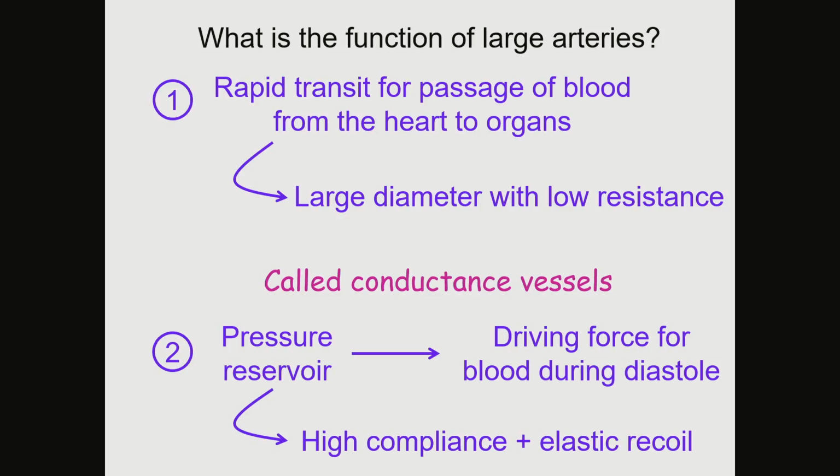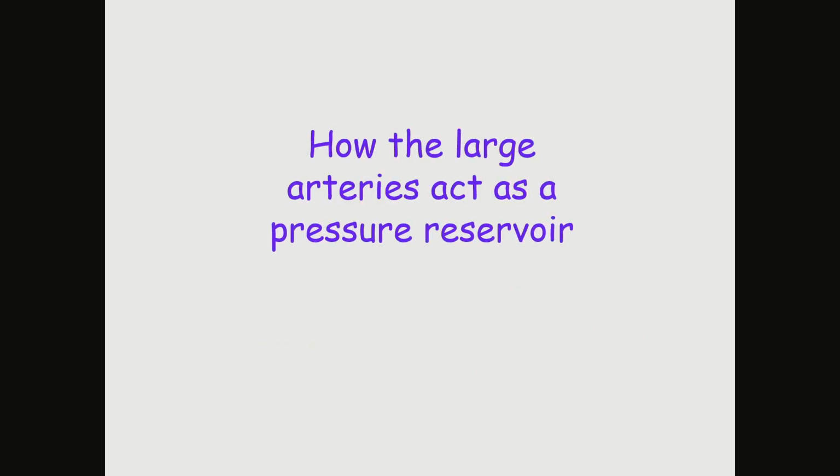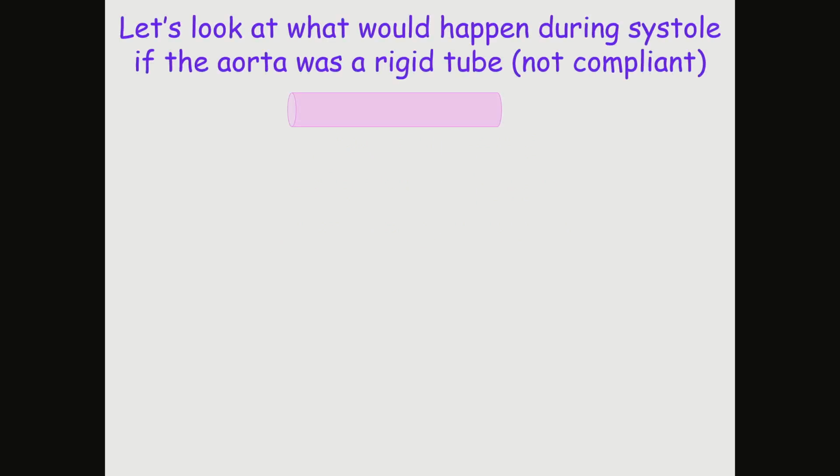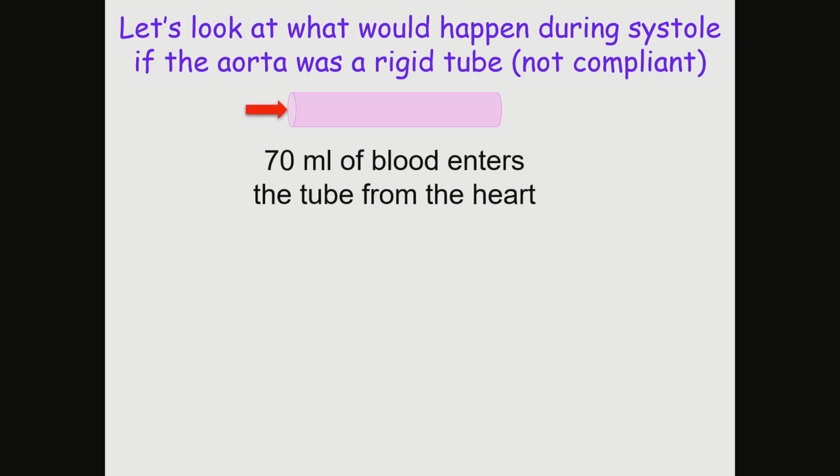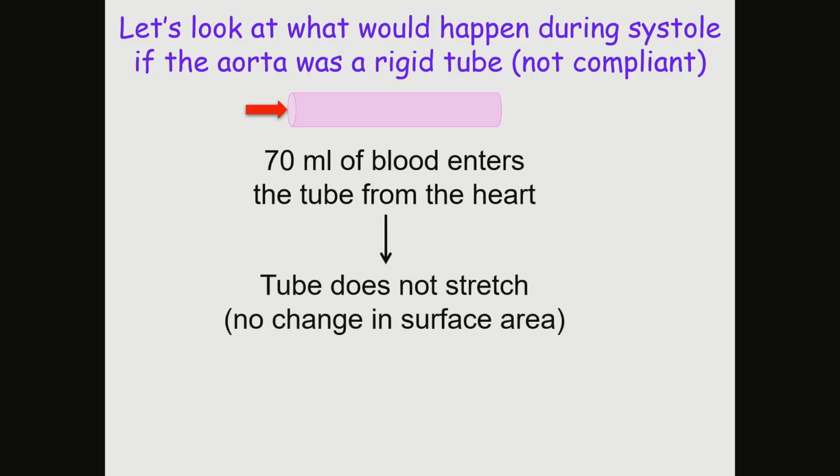Okay. So let's look at exactly how it acts as a pressure reservoir. During systole, if the aorta is acting as a rigid tube, meaning it's not compliant, like a garden hose, and say you have 70 mils come into the heart, the tube does not stretch.